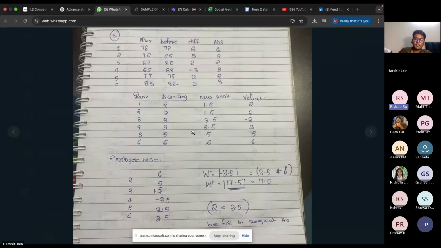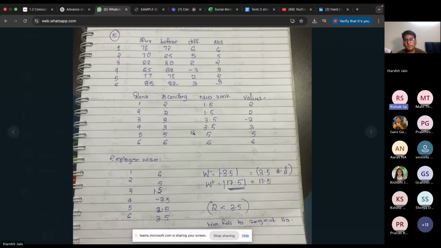So we got the values. We have both positive and negative ranks. Even in this question, we are failing to reject the null hypothesis, but I'm not getting the exact same answer as the sample paper.